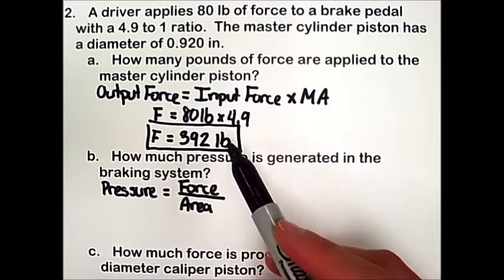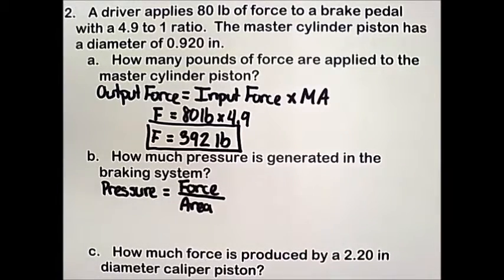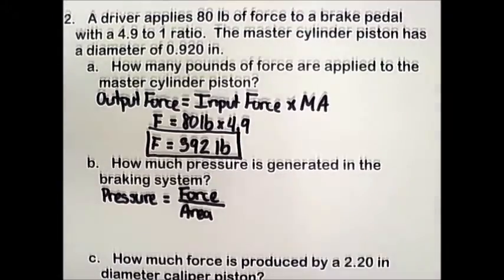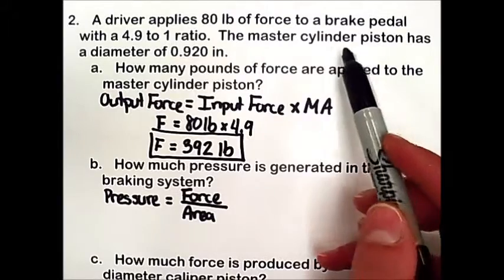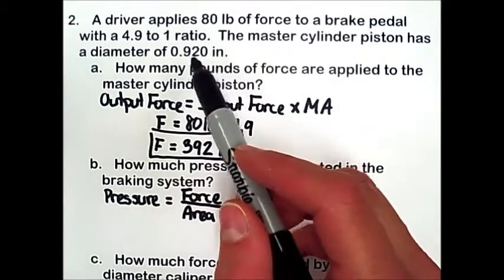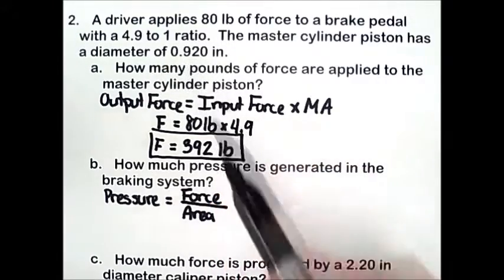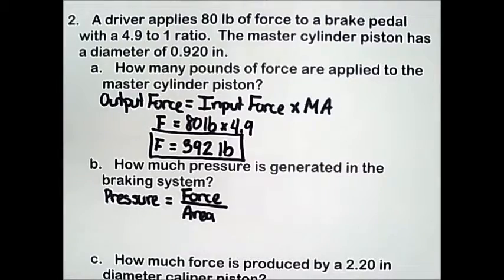We found the force in part A. However, the area, we are not specifically told what it is. All that we're told is that the master cylinder piston up here has a diameter of 0.920 inches. So we have to figure out what the area of this piston is in order to calculate the pressure.